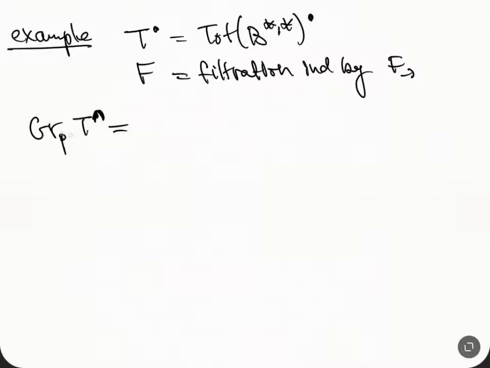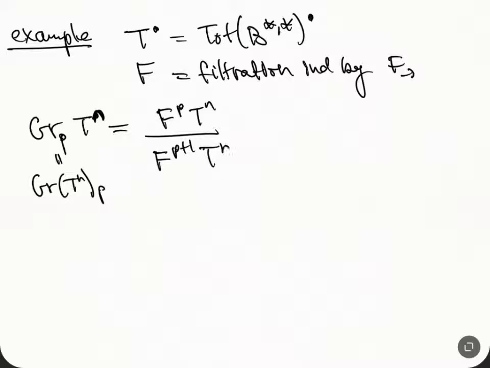Okay, so this is the same thing as the associated grading, taking the pth piece. So this thing is equal to F^p of T^n modulo F^(p+1) of T^n.